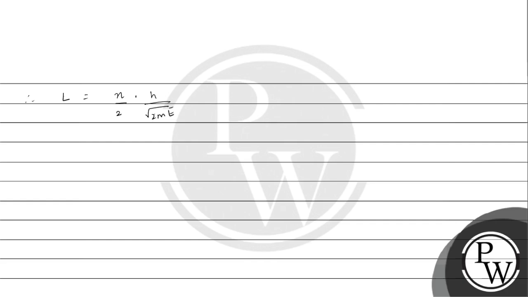तो हम एनर्जी के टर्म्स में लिखेंगे. So E will then be n squared h squared by 8m L squared. So we know that x equal to 0 to x equal to a is the length of the standing wave.